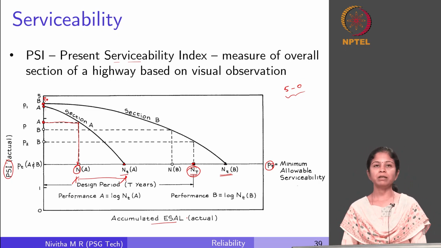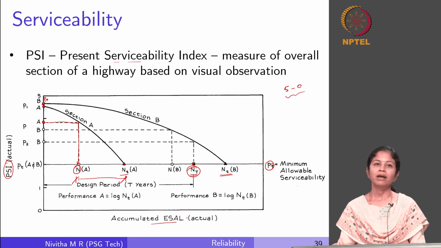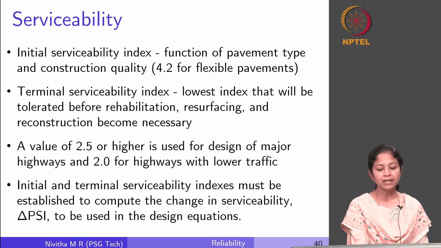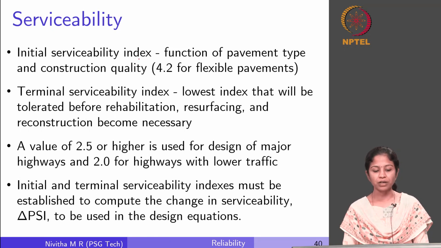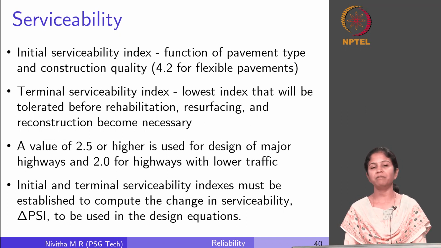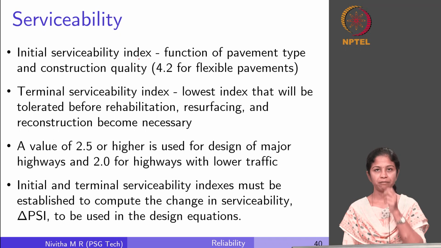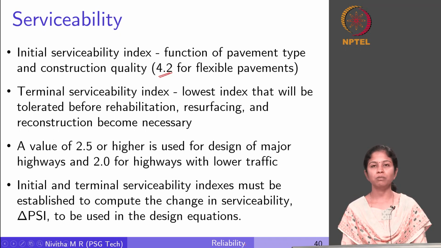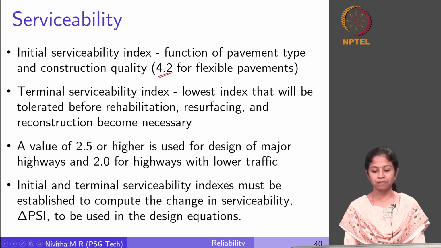Now, AASHTO gives some guidelines regarding the initial and final serviceability indices. The initial serviceability index is a function of pavement type and construction quality. We have different values for flexible pavements and for rigid pavements. For a flexible pavement, this value is suggested to be 4.2.